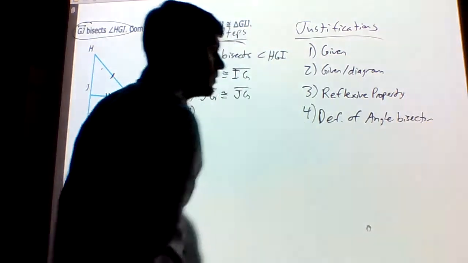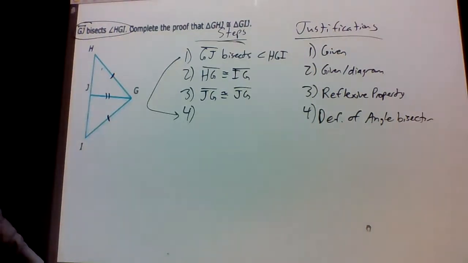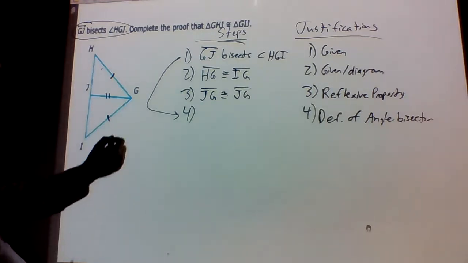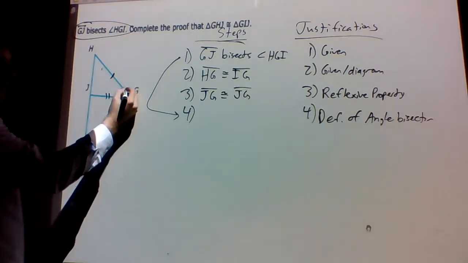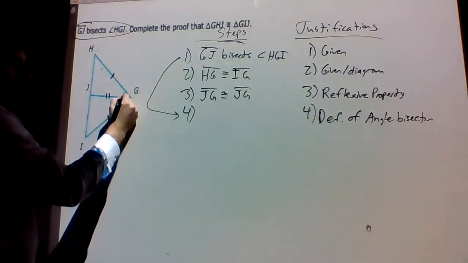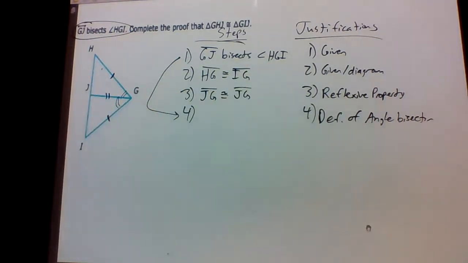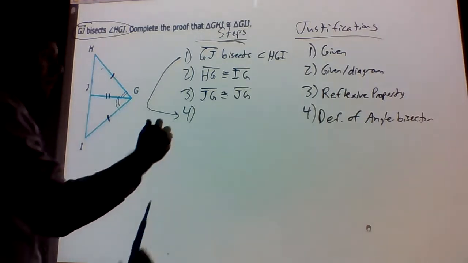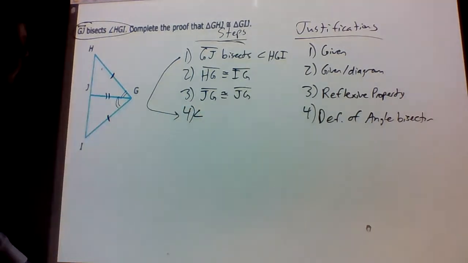If you look at your reference sheet, an angle bisector splits the angle in half. It splits it into 2 congruent angles. So for bisecting angle HGI, that means we're splitting it into 2 congruent angles. All we have to do is name those angles, and we know they're congruent by the definition.